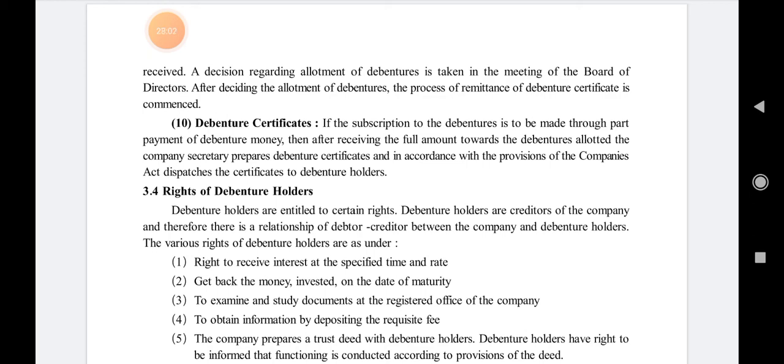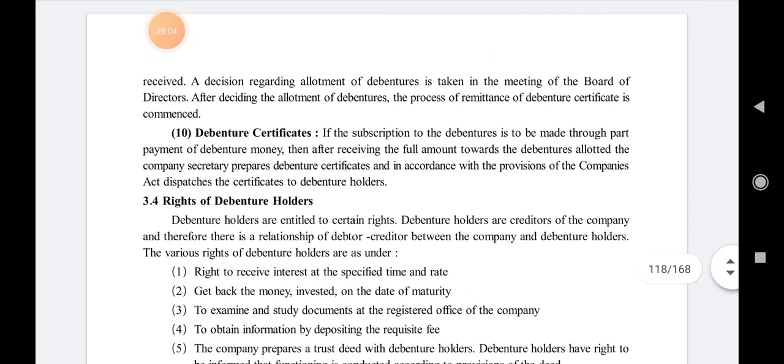So in today's lecture we will stop over here, and today we have learned about the debenture, which is a kind of document through which the company can get debt from the general public and obtain finance for the long term. It is a procedure through which the company can decide on the allotment of money as well as its management and development.